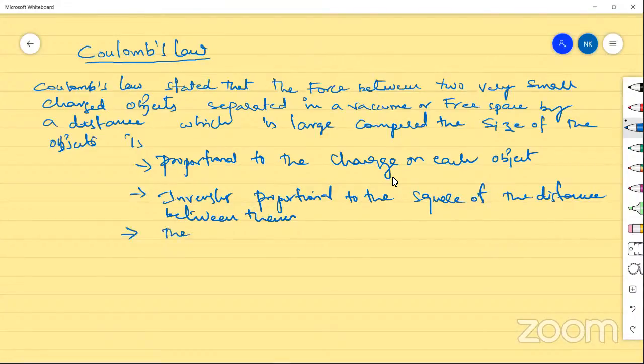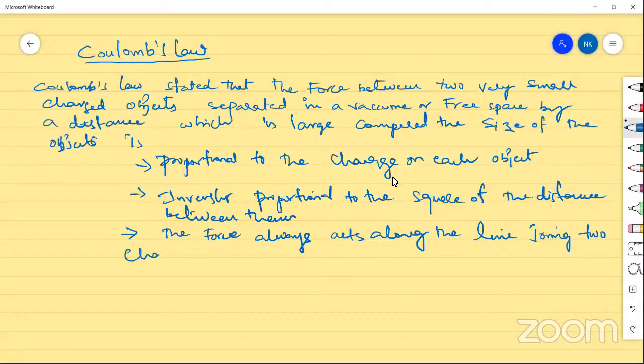The force always acts along the line joining the two charged objects. So now, Coulomb's law stated that the force between two very small charged objects separated in a vacuum or free space by a distance which is large compared to the size.